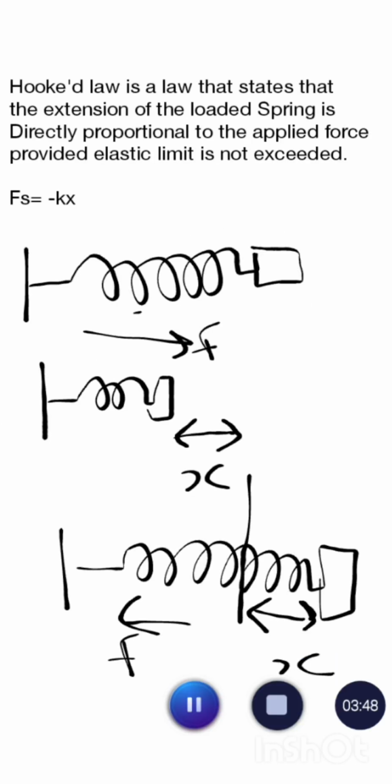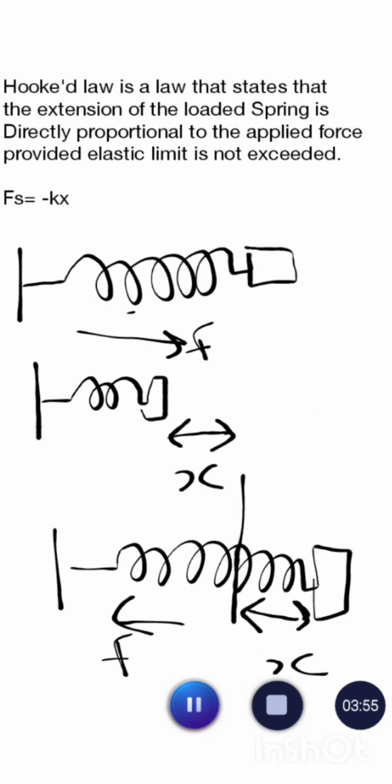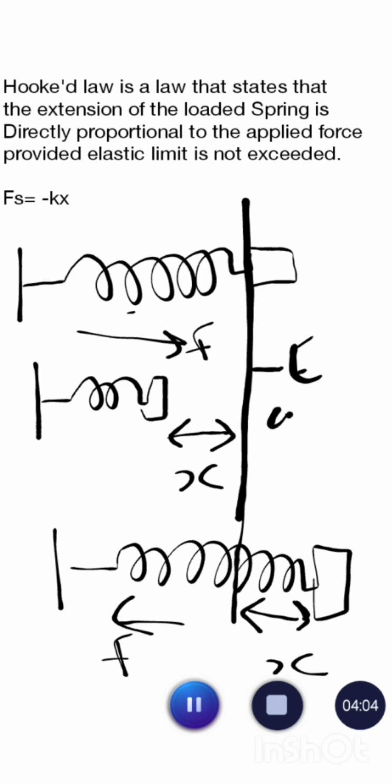So this line indicates the equilibrium. The first diagram shows an object in equilibrium, so x is equal to 0.